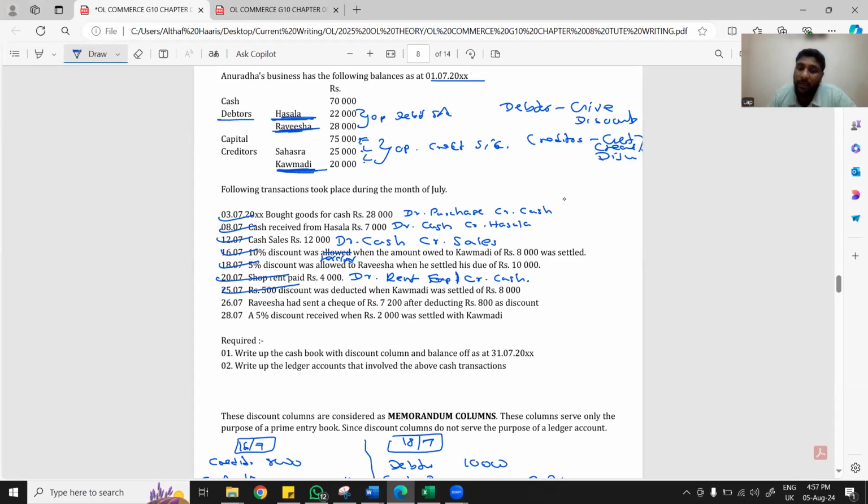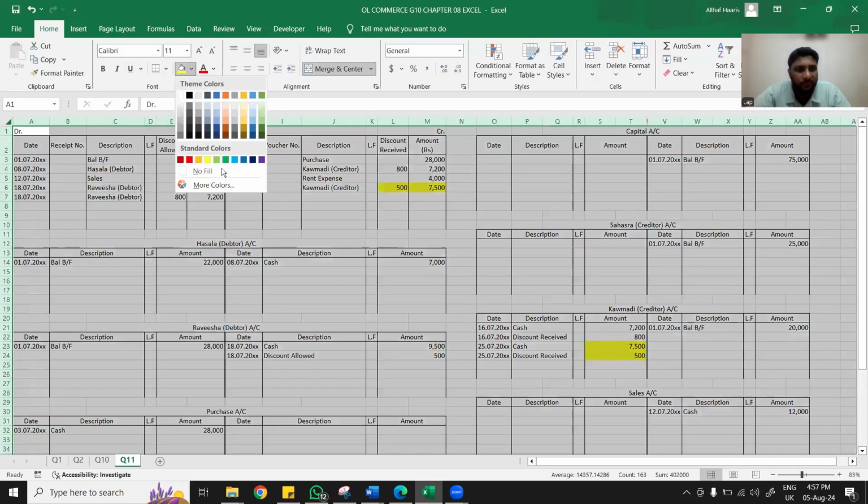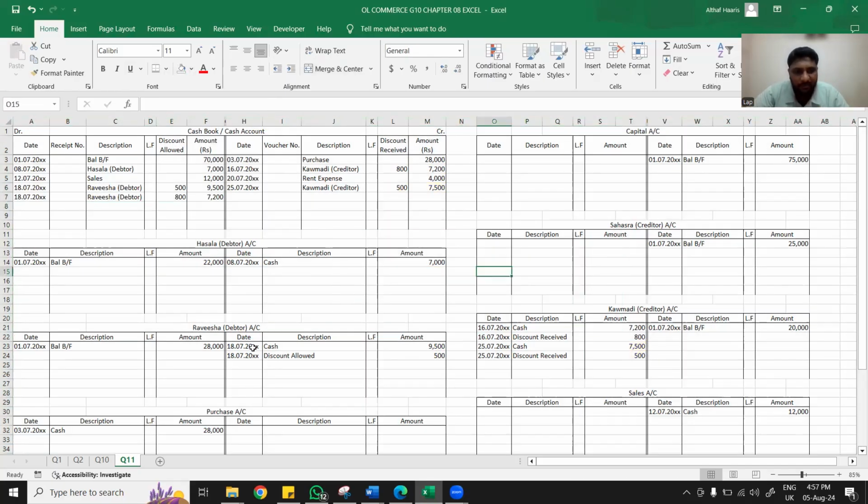So that 7,200, this 800 separately, in total 8,000 reduction has happened. 8,000 reduction from Ravisha. 800, 7,200. That's the date, 26/7.